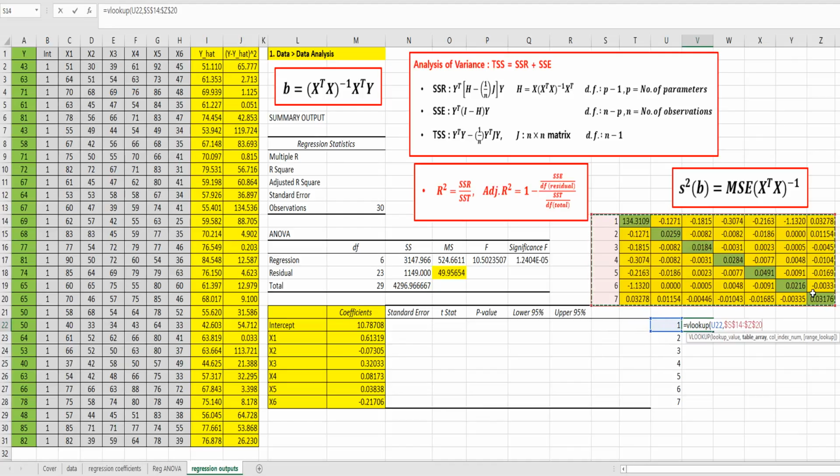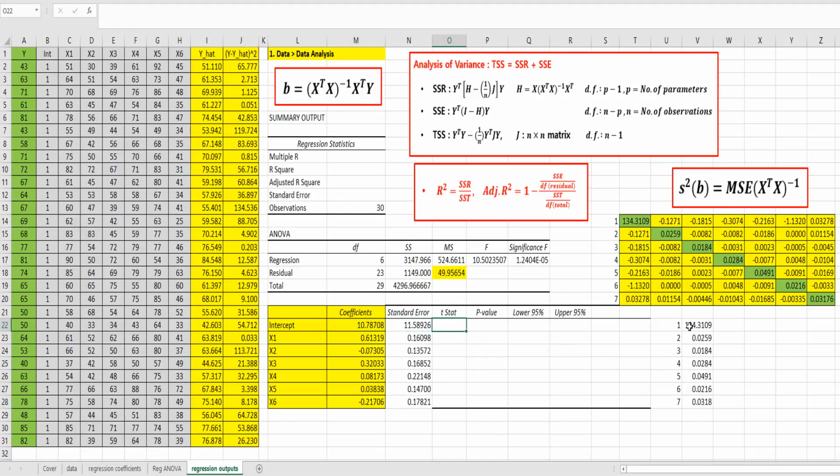Press F4, comma. Yeah, this one is from this column; 134 is located in the second column. That's why I added 1 and first. Right. So I extracted diagonal elements by using the VLOOKUP function. Then standard error is the square root of this data.